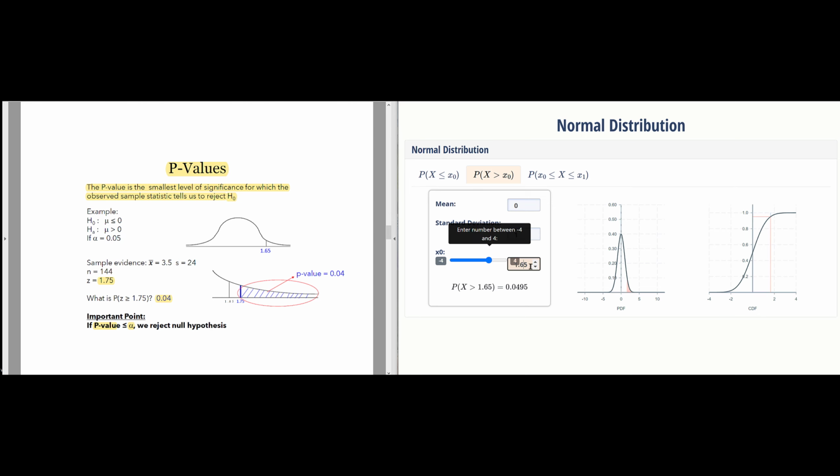So now we're going to have a z of 1.5 rather than 1.65 or 1.75. And the p-value for that is 0.06668 or 0.067. So we can report that the p-value when x bar is equal to 3.0 is 0.067.